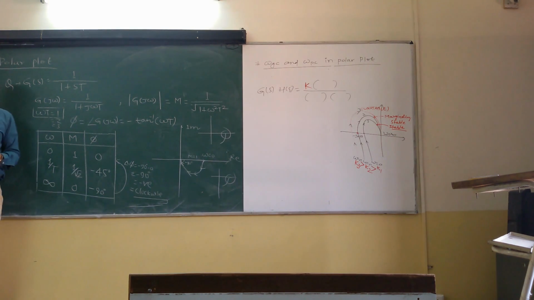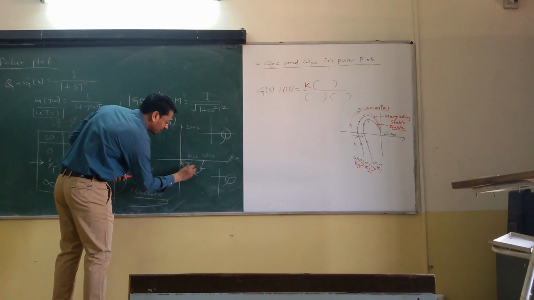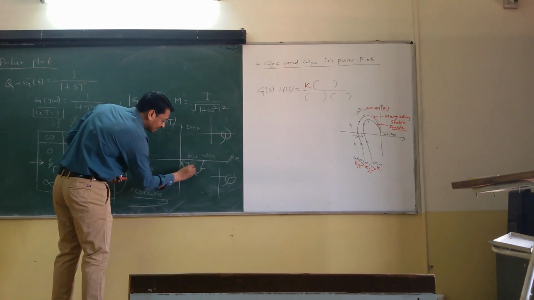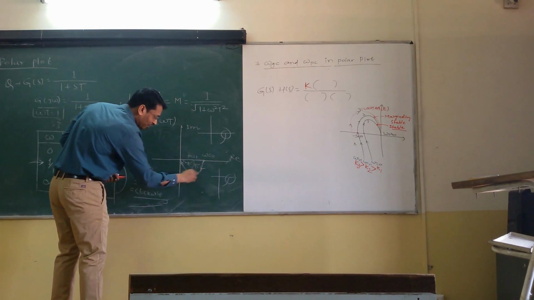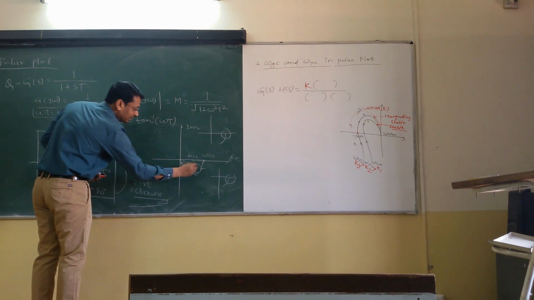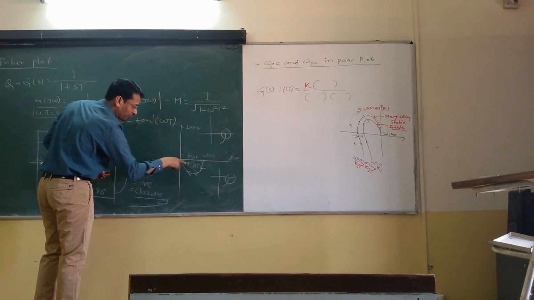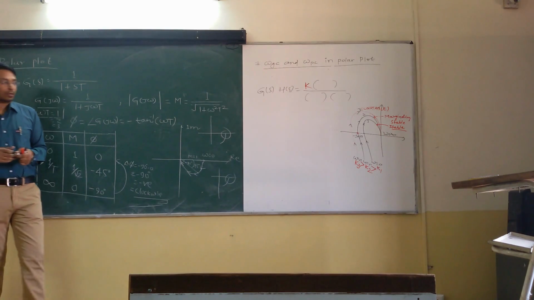For your convenience and confidence, you can take an intermediate point, locate it, and say this magnitude is 1 upon root 2 and this angle is minus 45 degree. So our convention was correct. So the movement is same: 0, minus 45 and then minus 90. Correct? Okay.